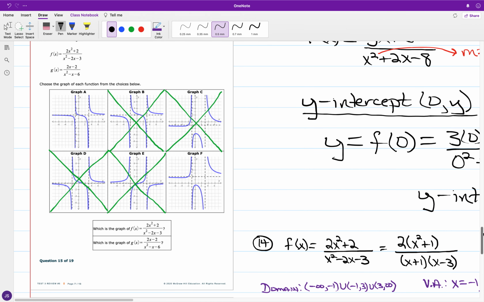It turns out that the y-intercept is going to be in the negative zone. And here we have a positive y value, so A goes out. So it looks like the best fit is going to be graph F. So for 2x squared plus 2 over x squared minus 2x minus 3, we're going to have graph F for this first function.